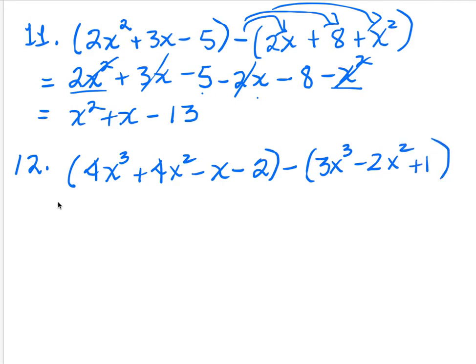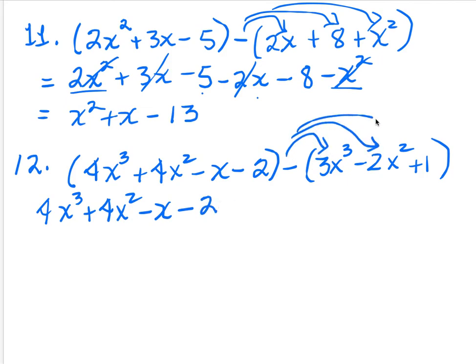Okay, so I am going to get 4x cubed plus 4x squared minus x minus 2. And now I'm going to distribute my negative 1. So I get a negative 3x cubed. Negative 1 times negative 2x squared, that's going to be plus 2x squared. Negative 1 times 1, that's going to be a minus 1.